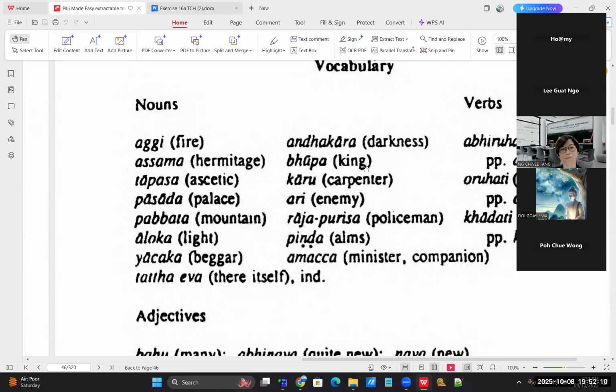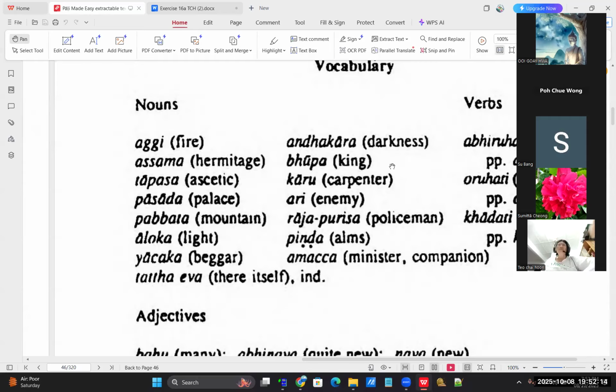Okay, bhūpa is the king. What's another word for the king? Rāja, all right? R-A-J-A. Garu is carpenter. Ari, enemy. So when we see the word Arahan, sometimes they use the word ari to explain. From the words ari and han, so kill the enemy. Kill the enemy means kill the defilements. So Arahan is sometimes explained by the word ari also.